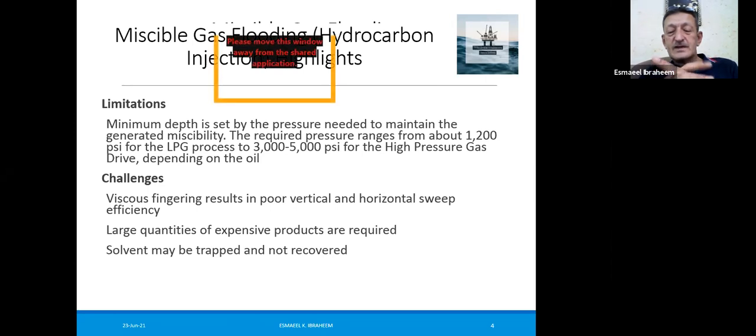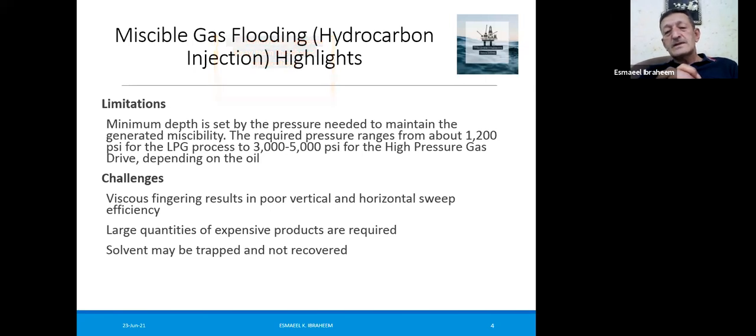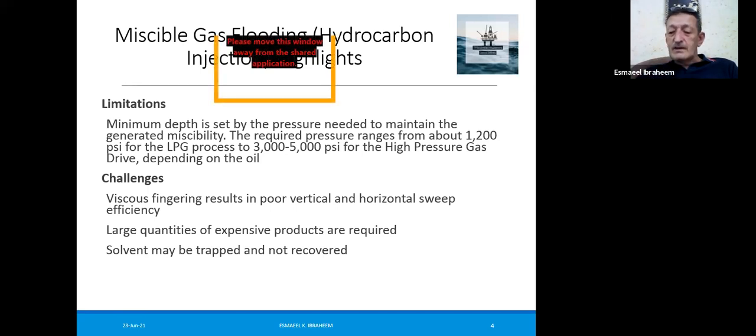In this case we lose the solvent, because on the surface the separation is done on the mixture in order to separate the oil from the solvent and the injected gas, so that it can be used again in the next stage or at the same stage. But this kind of miscible flooding may leave the solvent trapped down there in the reservoir.